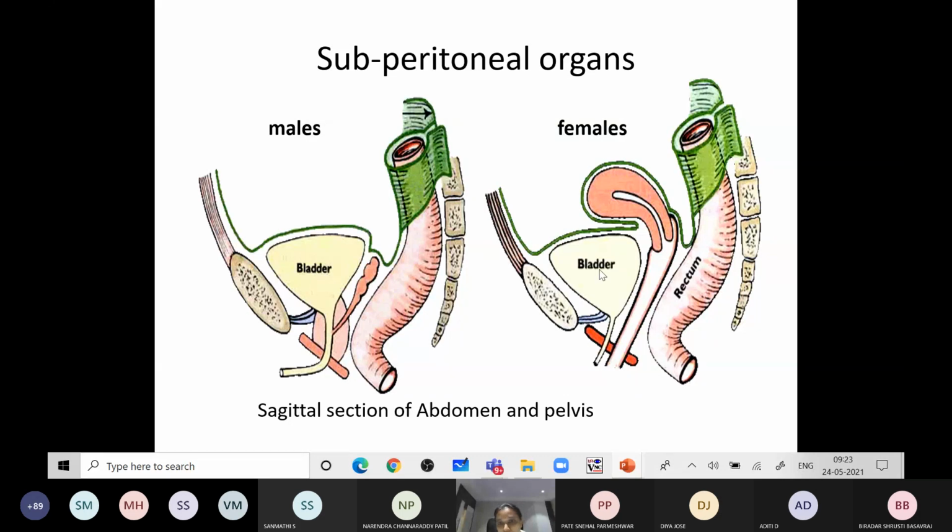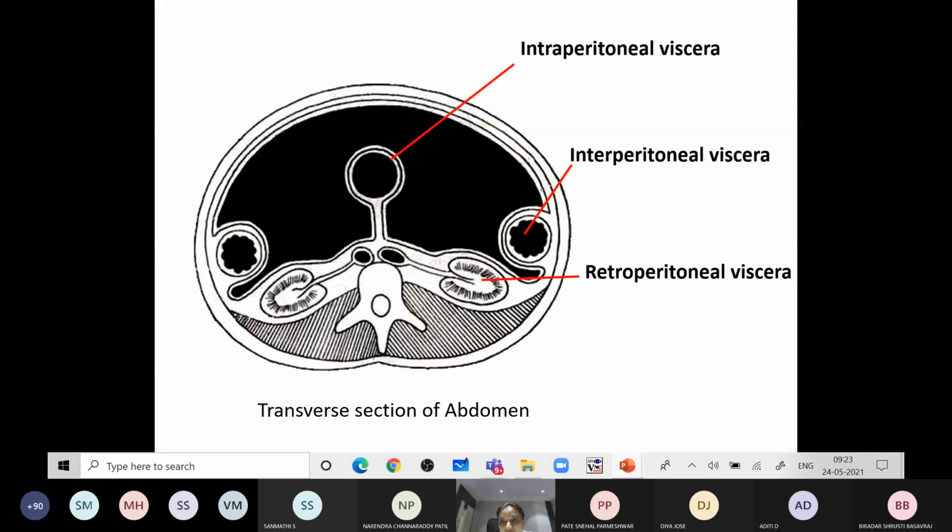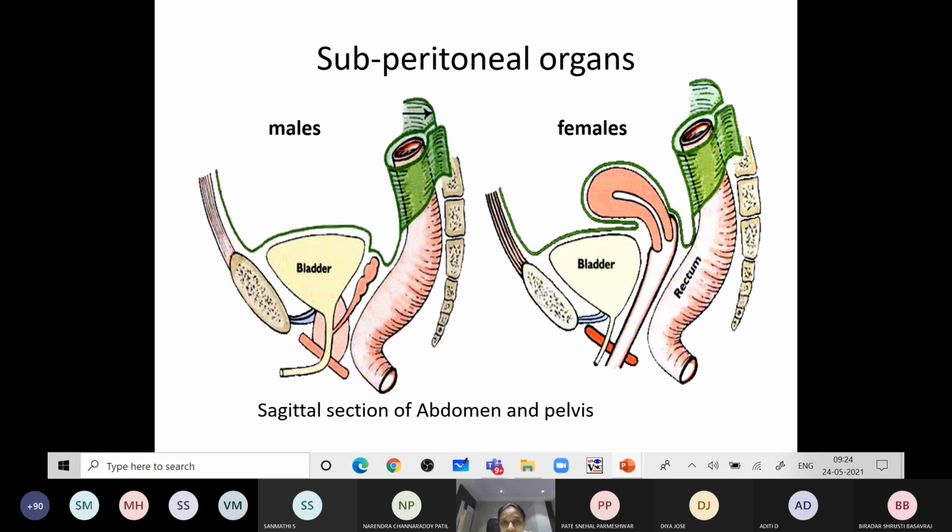In females, the bladder, uterus and rectum, the upper surface is covered by the peritoneum. So these are the subperitoneal organs. That is about the different viscera, depending on how they are covered by the peritoneum, either fully, partially or only the anterior surface.